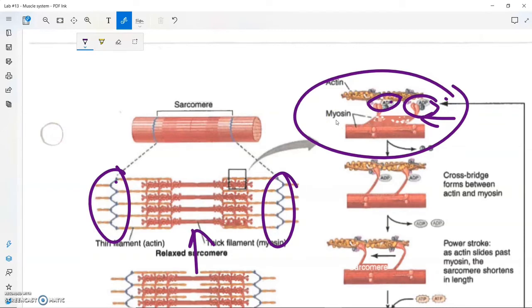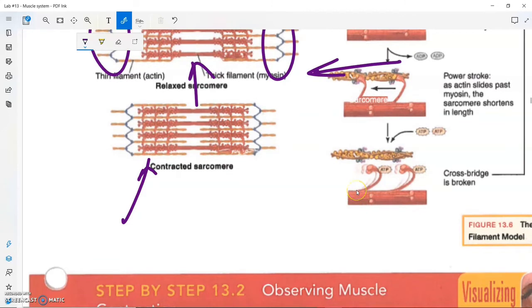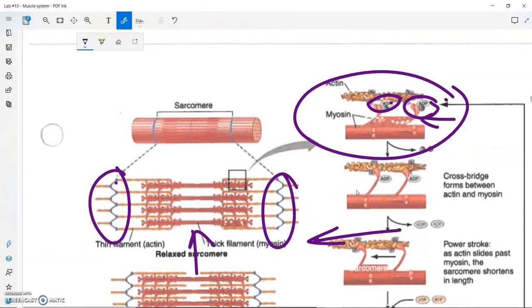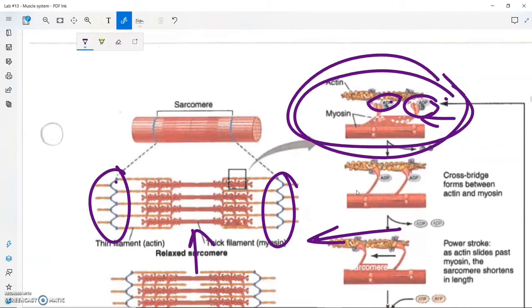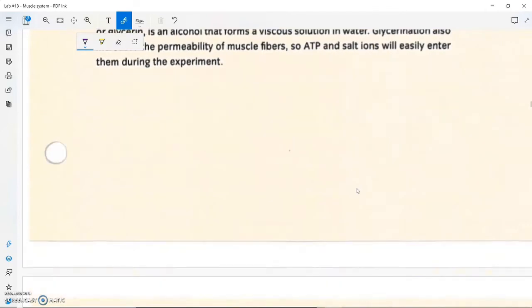They bind to actin and propel actin forward. This is called a power stroke. And then they bind ATP, break it down, and cock back again, and then it all starts over right here. They cock back, they bind actin, and they propel it forward.